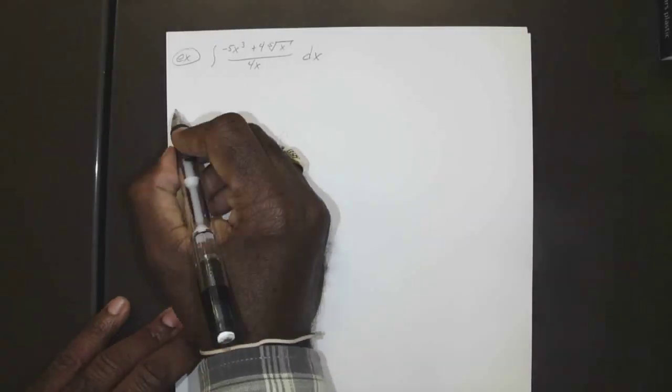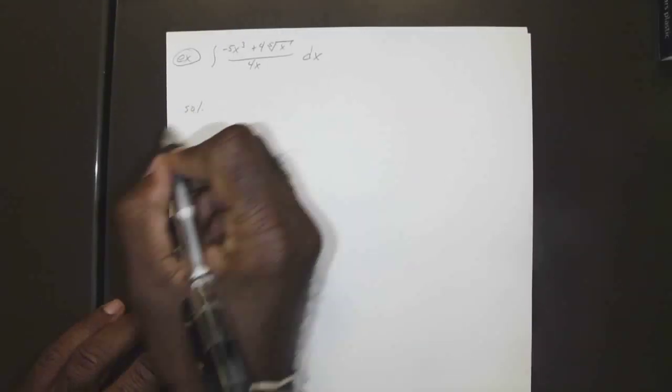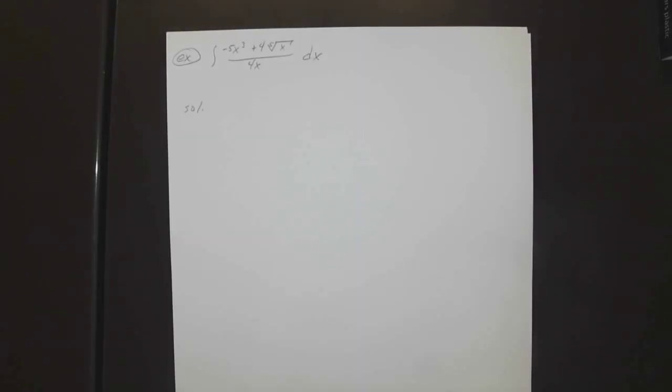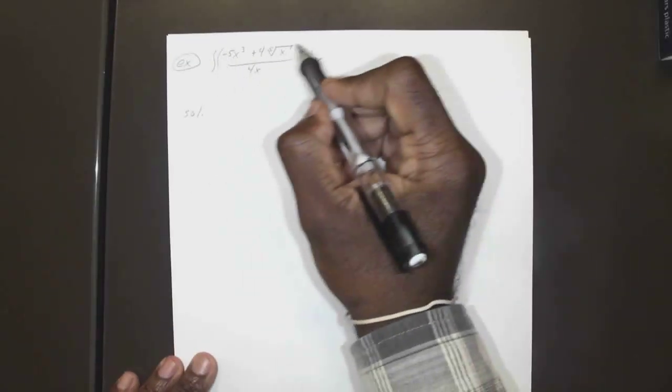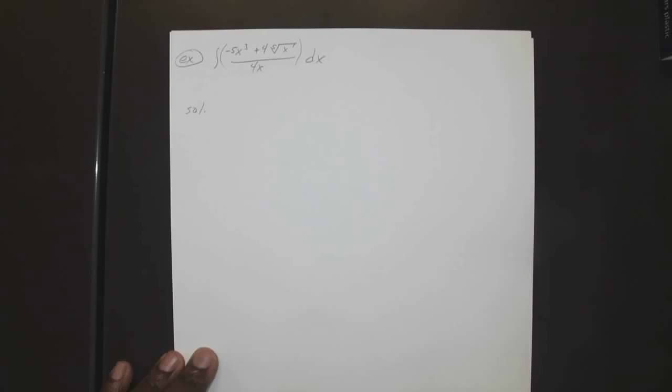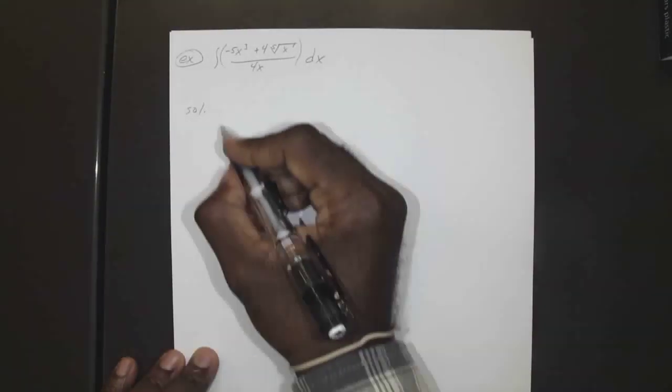All right, now with this one, you just kind of want to rewrite it a little bit. Might as well put that whole thing in parentheses so you can really separate these two.